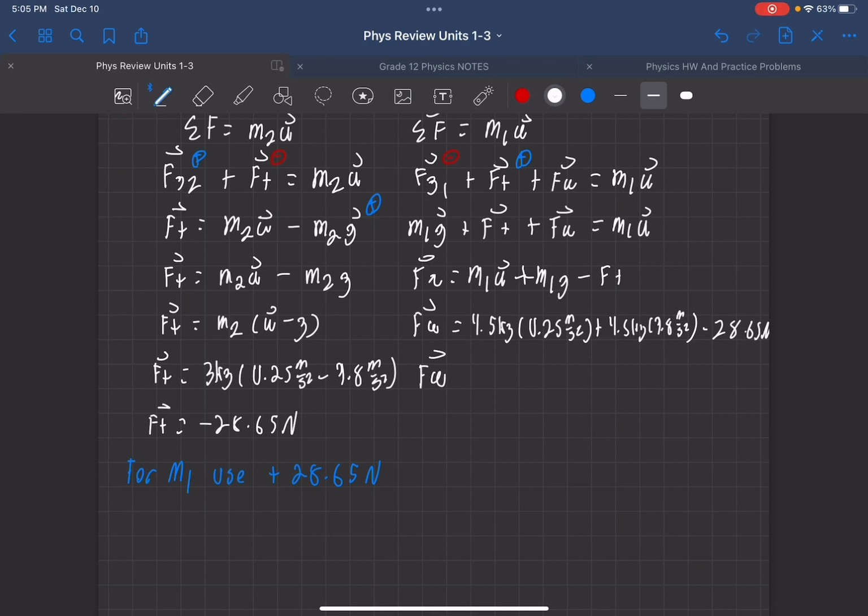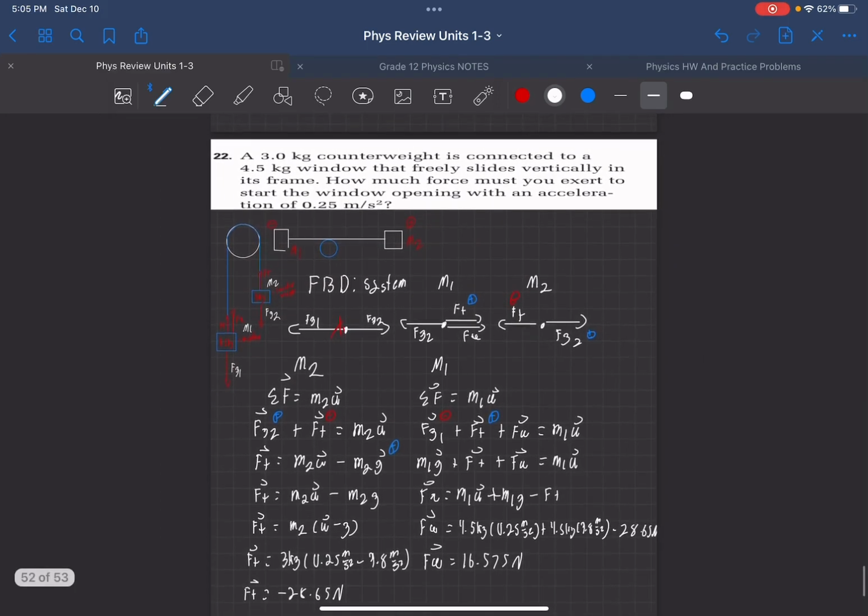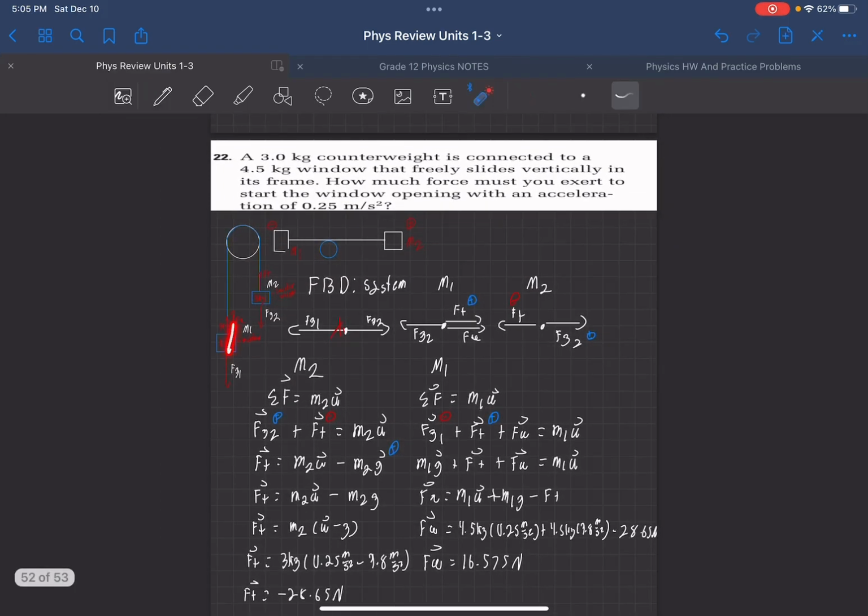So you plug that into your calculators and you should get 16.575 newtons. So that is the required applied force to open this window and push it at an acceleration of 0.25 meters per second squared, right? Assuming that we have a counterweight attached to it.